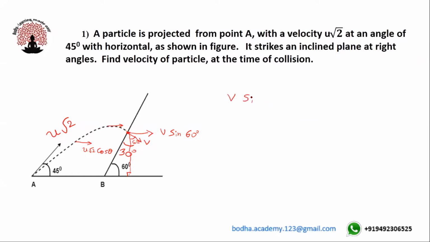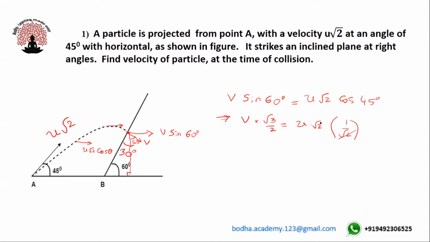V sin 60 degrees is equal to u root 2 cos 45 degrees. So this I can write as V sin 60, which is root 3 by 2, equals u into root 2 into cos 45, which is 1 by root 2.